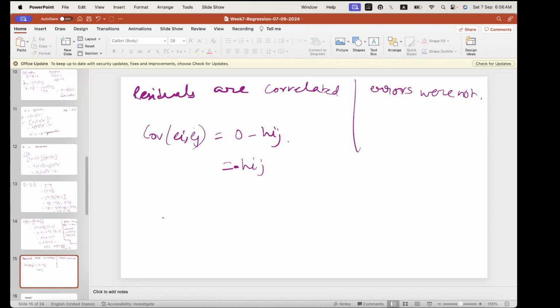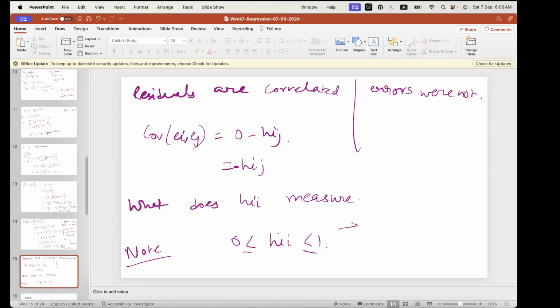Now another thing is, what does hᵢᵢ measure? We have to note that hᵢᵢ is capped between 0 and 1, and it measures the distance of xᵢ from the center of the x coordinates.